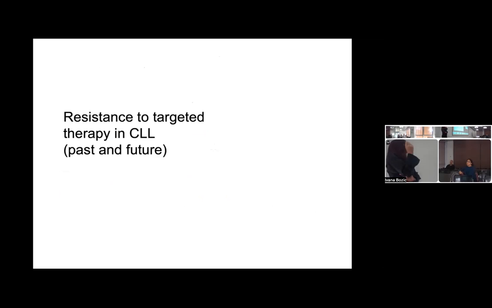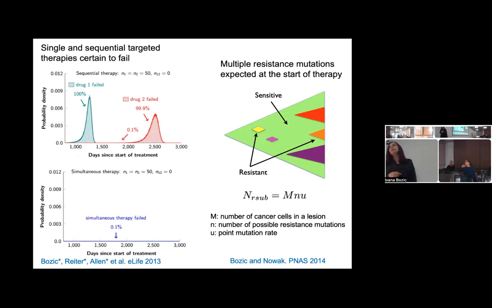Okay, and so instead of a conclusion, for my last several minutes, I want to talk about some older papers and connect them to something that is very relevant today. Instead of talking about cancer evolution prior to treatment, now I will focus more on what happens after therapy, and in particular, resistance to targeted therapy.